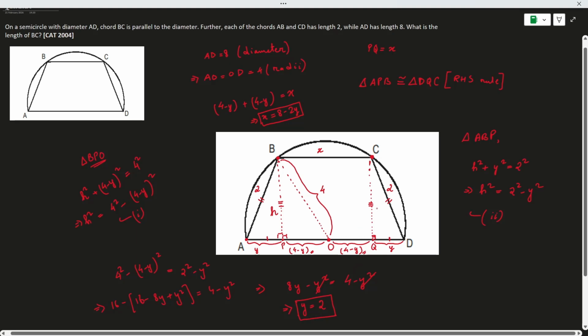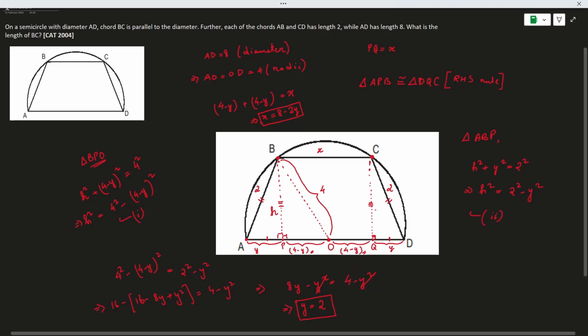Any mistake I am doing here, guys? Just let me check. Y is equal to 2. If I put y is equal to 2, 2 into 2 is equal to 4. So 8 minus 4 is 4. So x should be equal to 4. I need to find the length of BC, right?